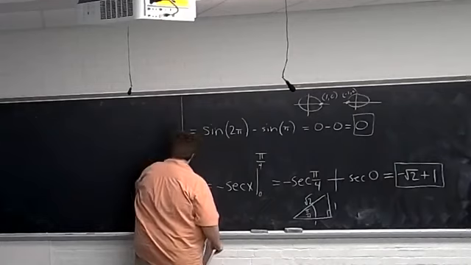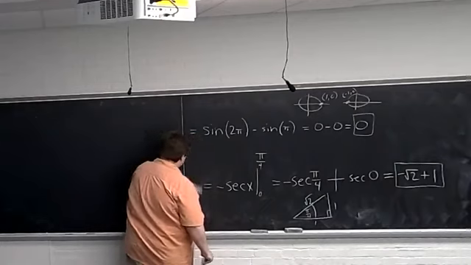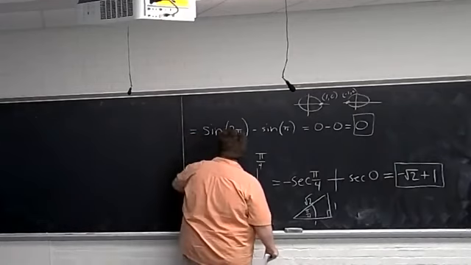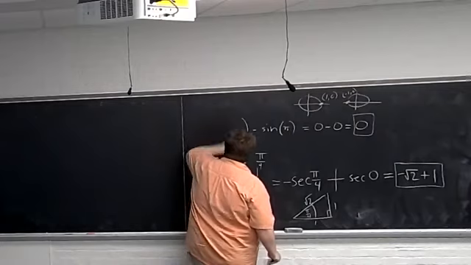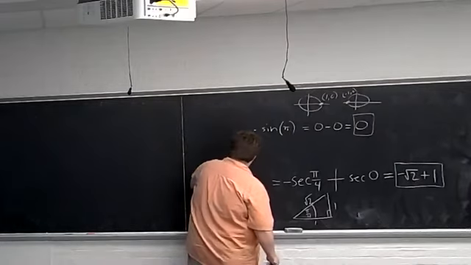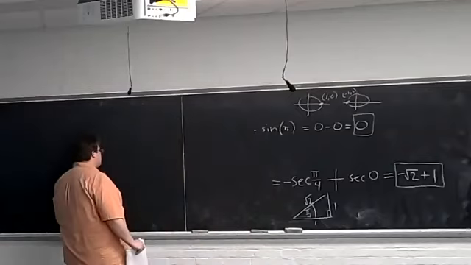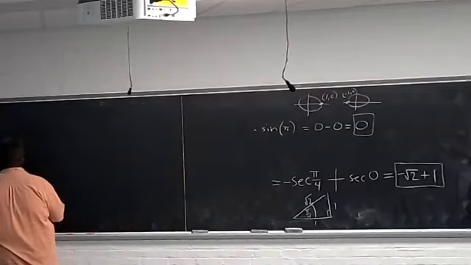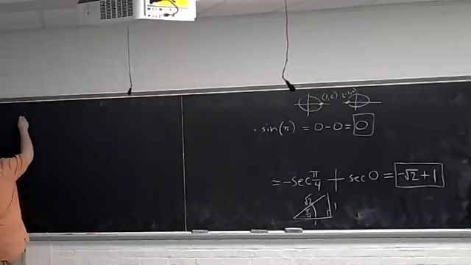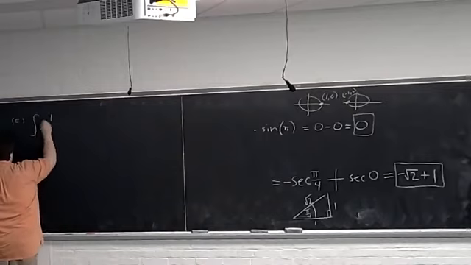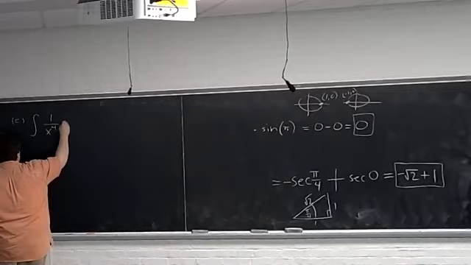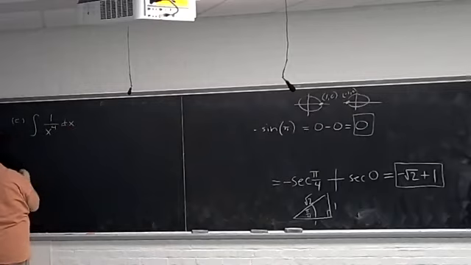Now, with this integral notation and the computation, there are a lot of things I'm writing in different sizes to help keep me organized. Blank paper, I find, especially for integrals, gets very much in the way. Part E, integral of 1 over x to the 4th from 1 to 2.